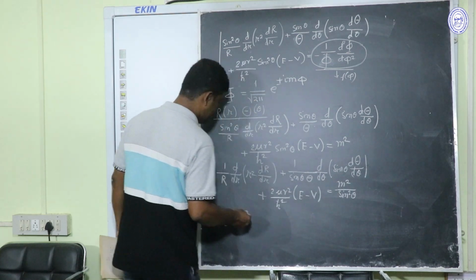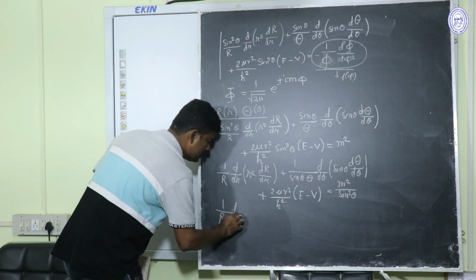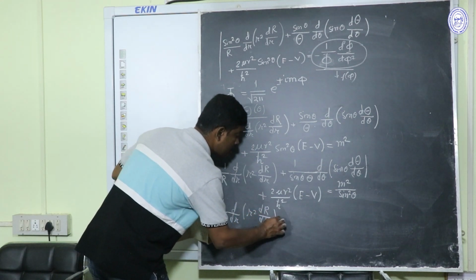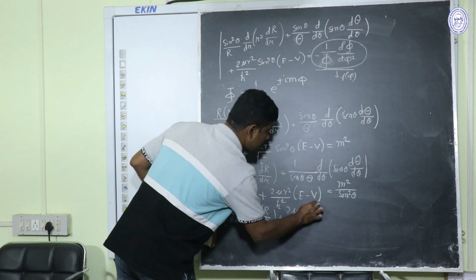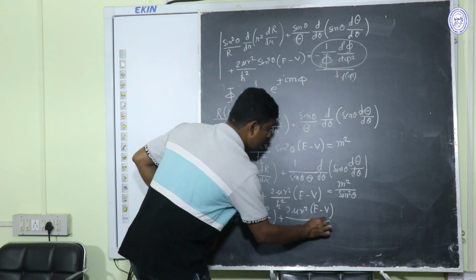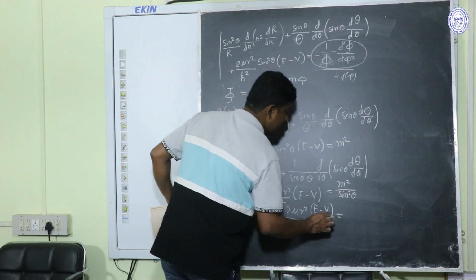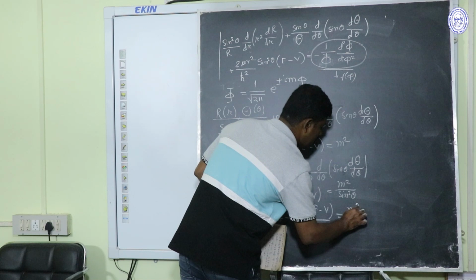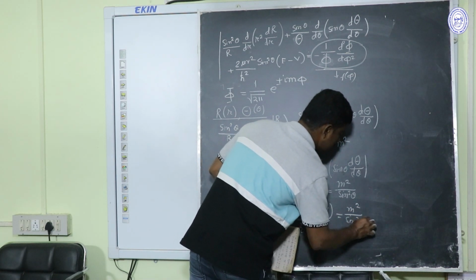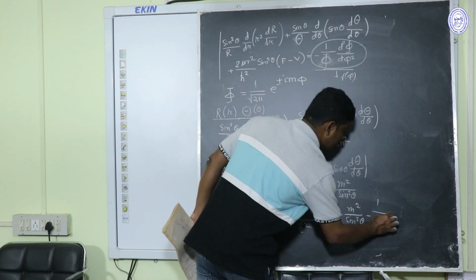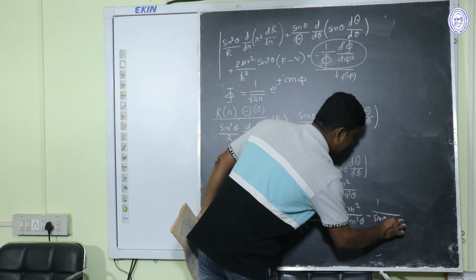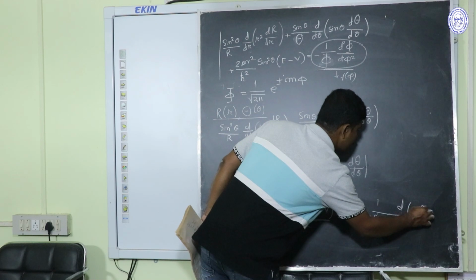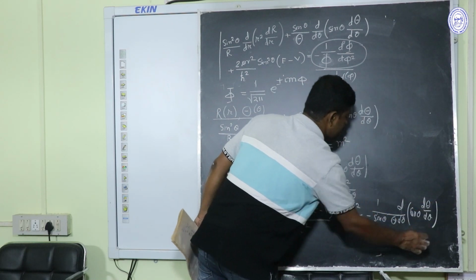Then we get 1 by capital R d/dr of r square dR/dr plus 2 mu r square (E minus V) divided by h cot square, this is equal to m square by sin square theta minus 1 by sin theta capital theta d/d theta of sin theta d capital theta by d small theta.